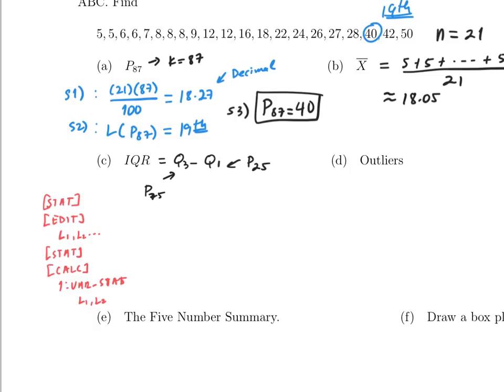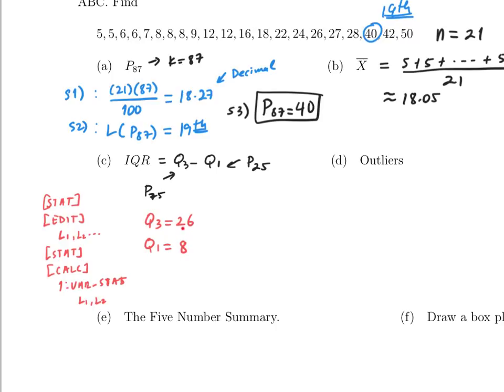So you do that, or you do this the long way. You can check that Q3 is equal to 26 and Q1 is equal to 8. The calculator may give you the answer 0.5 off, and by that I mean the calculator could say this is 26.5 or 25.5, or this one is 8.5 or 7.5, and either one is fine.